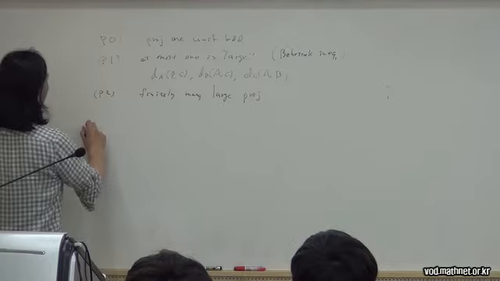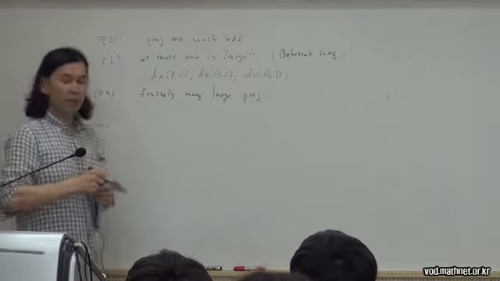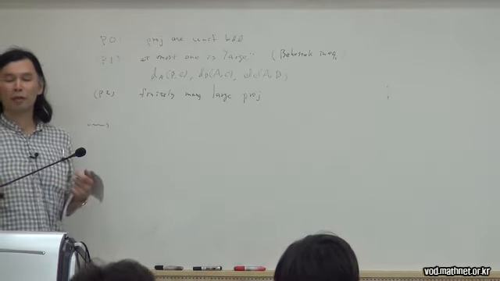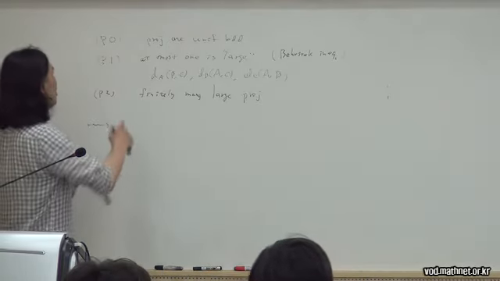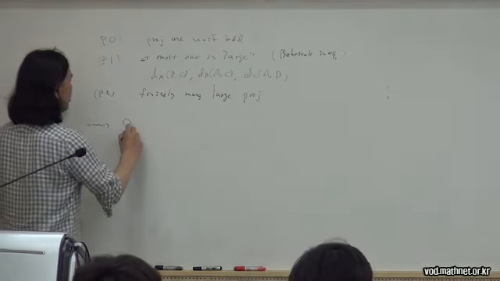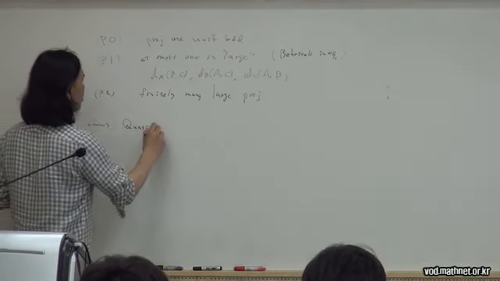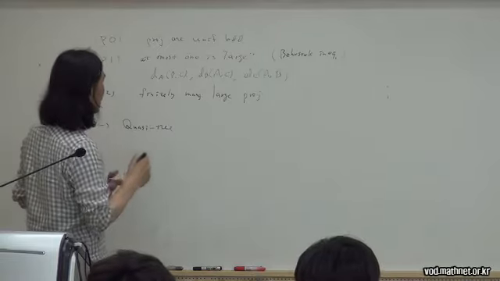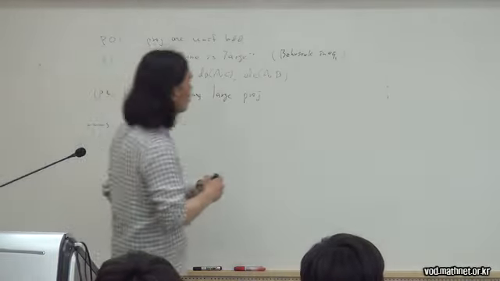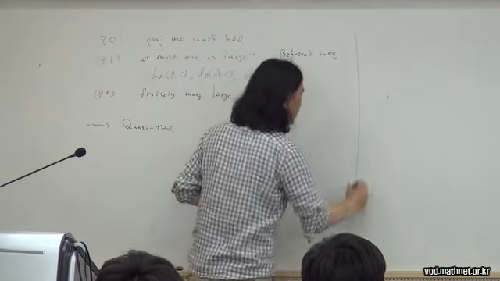Then if you have some setting that satisfies those three properties, you have a quasi-tree. That was what the last theorem was telling you.